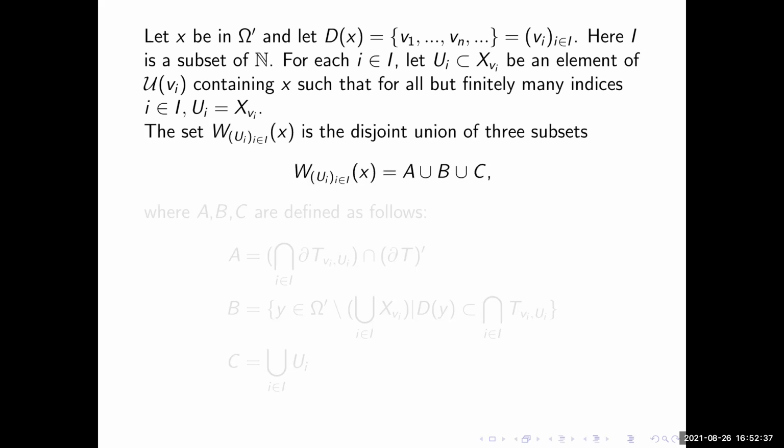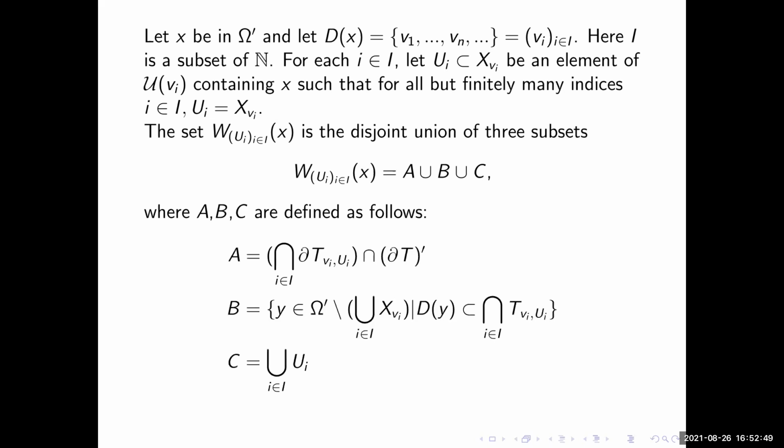Then this neighborhood W_x is the disjoint union of three subsets, A, B, C, which we define as follows. A will look like this. We look at the subtrees T_{v_i,U_i}, take the boundary points and look at all the intersections, and then further we take the intersection with this ∂T prime. So it will be a subset of this ∂T prime.